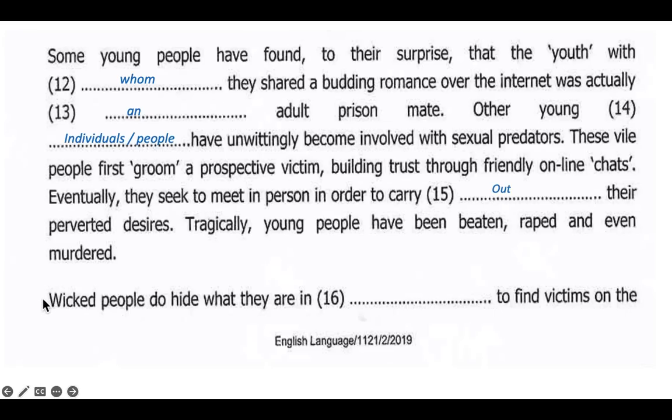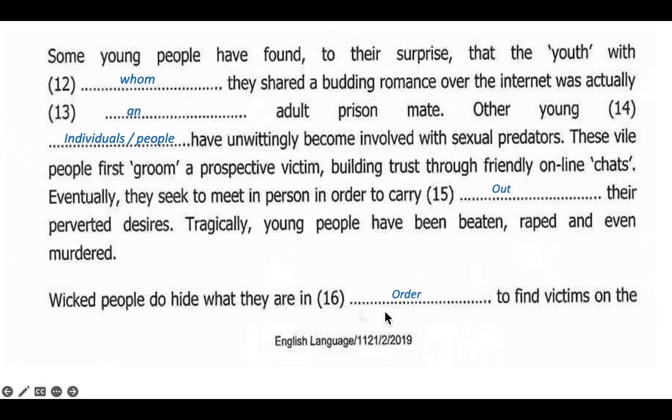Wicked people do hide what they are in order to find victims on the internet. So here we can say wicked people do hide what they are. And then what should come after? In order. They hide out so that, we can even say so that they find victims. If here there was they, then we can take up that.